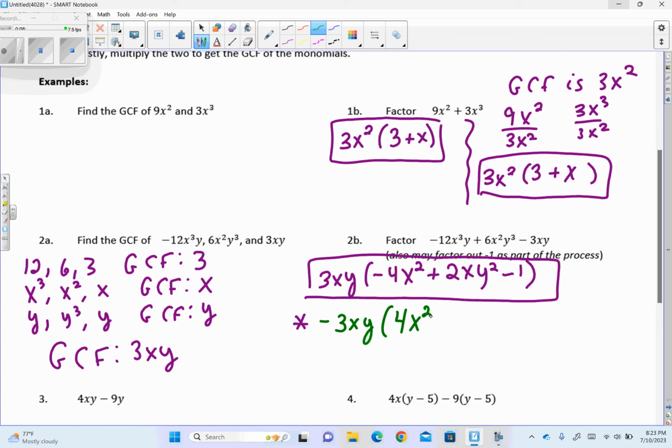And then if I have negative 3 and I want positive 6, I would need to multiply by negative 2. And if I have negative 3xy and I need negative 3xy, I would just need to multiply by 1. So either one of those factorizations is just as correct.